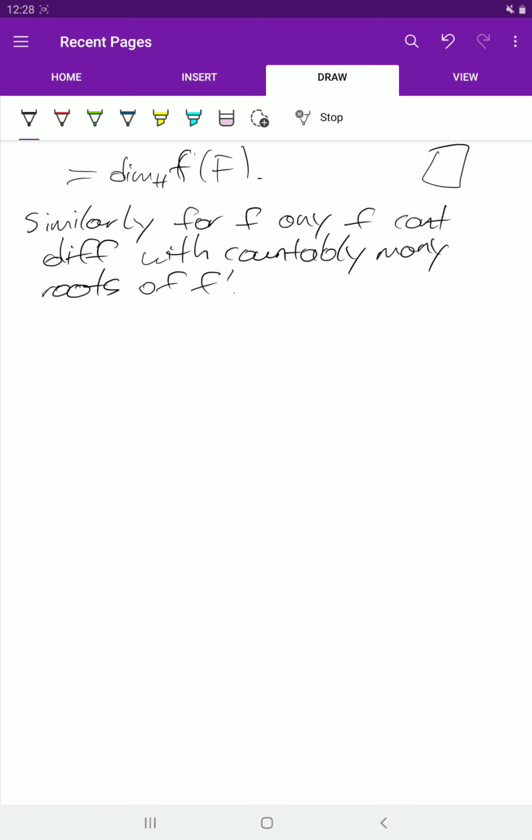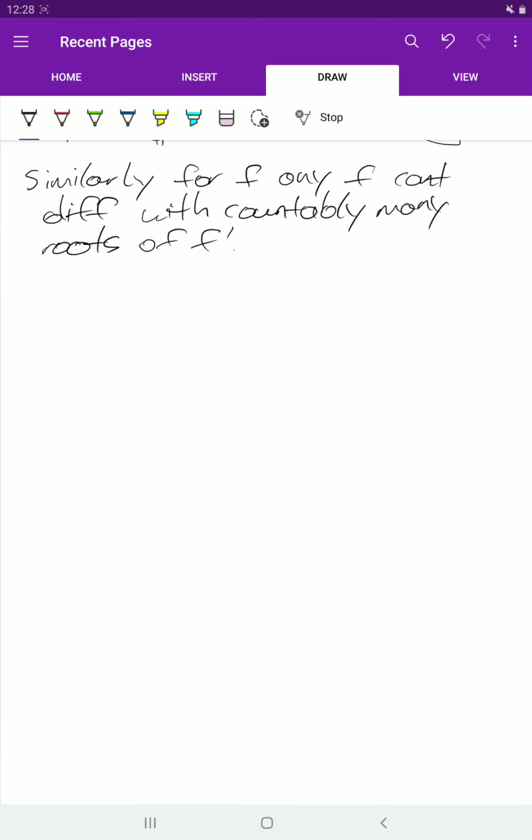And now one more thing we can discuss. So what happens if we look at some f in a polynomial ring with more variables?